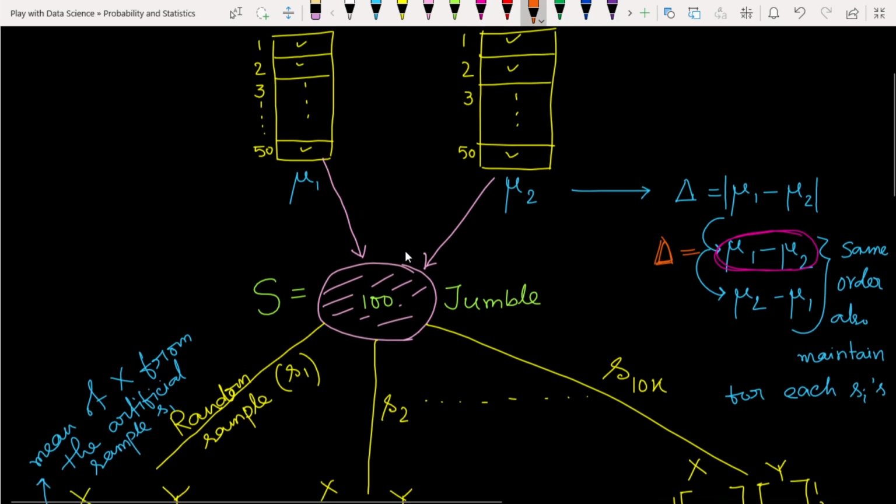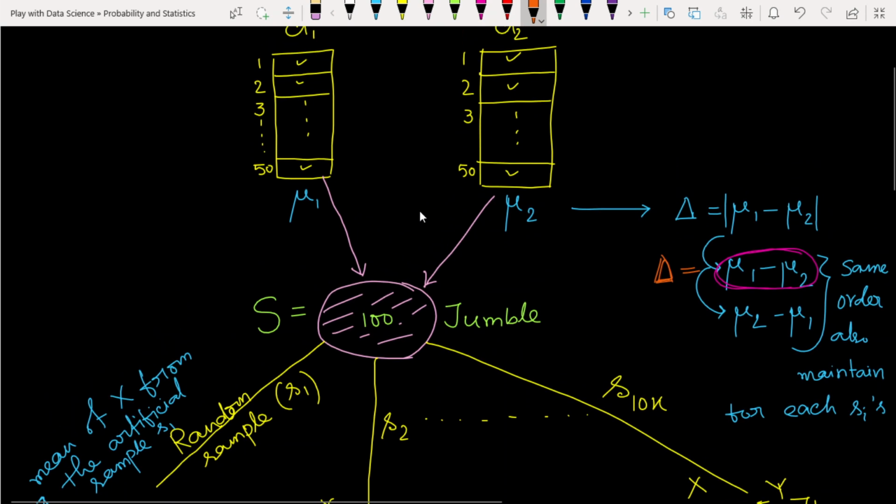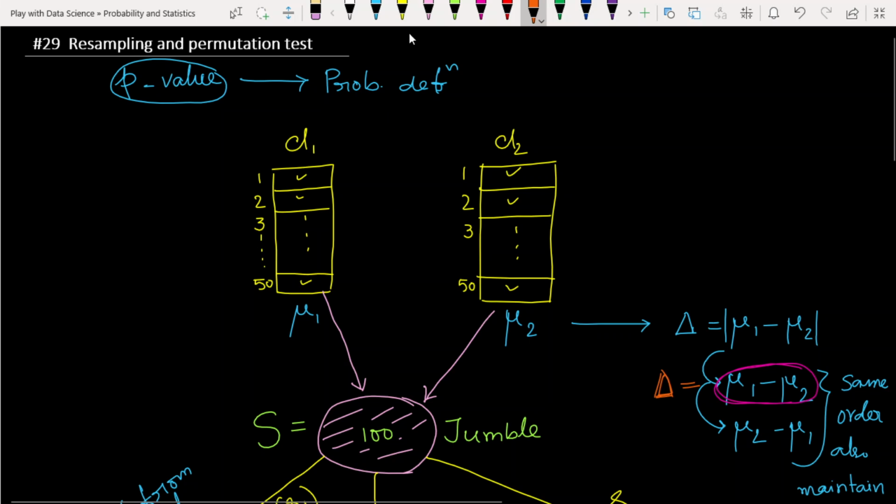Now let's see how these things are hidden in this experiment. First, we have taken class 1 and class 2 separately, and we have considered randomly selected 50 students from each class.